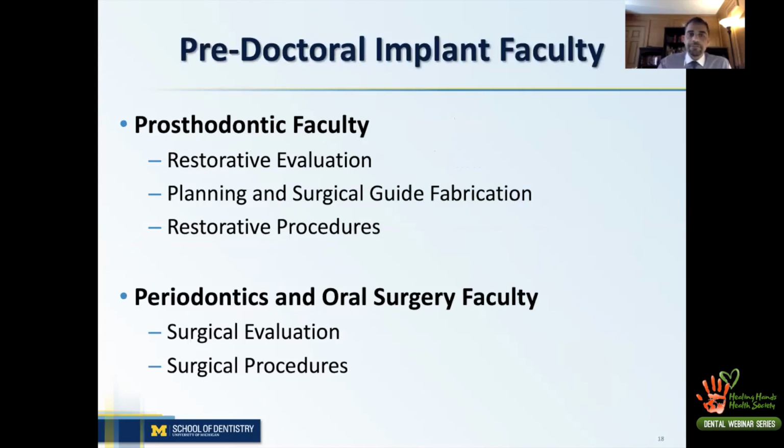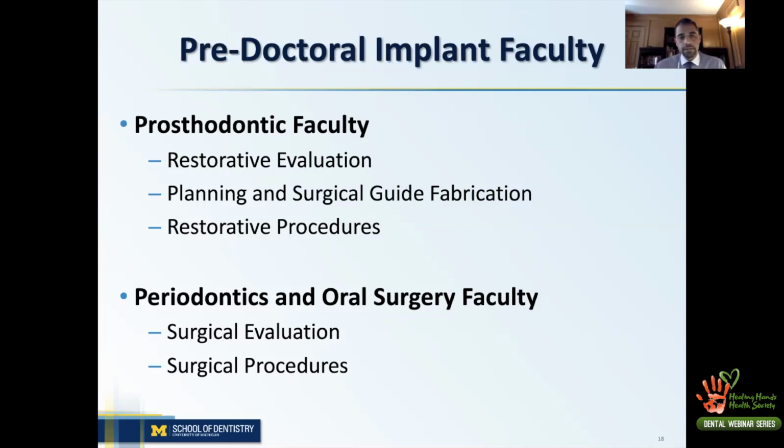The supervising faculty in the clinics are the prosthodontic faculty supervise any restorative evaluation. So initially when we see a patient, we evaluate if the patient has sufficient space, the occlusion is stable, there are no additional issues with occlusion and spacing and restorative needs. And then the student also does the planning and the fabrication of the surgical guide under the supervision of the prosthodontic faculty.